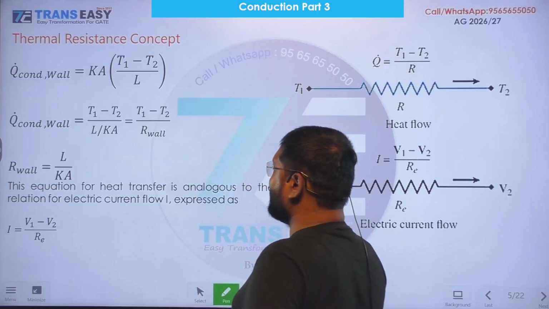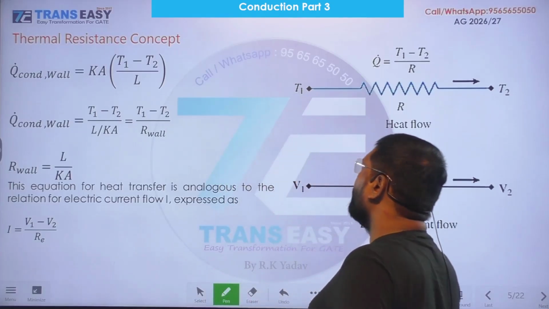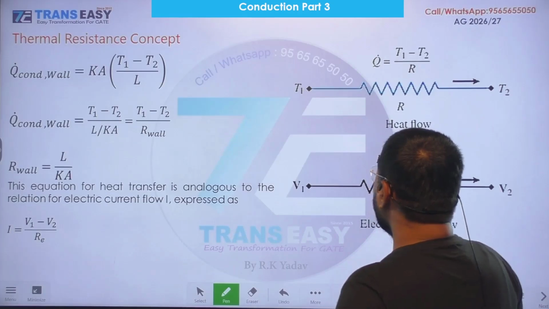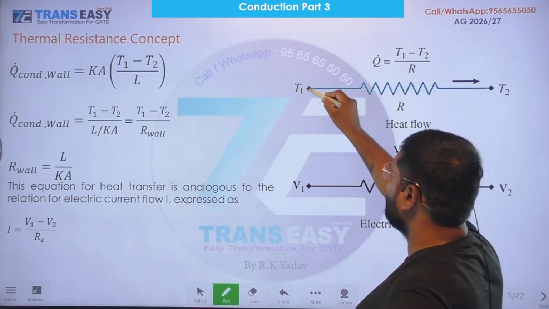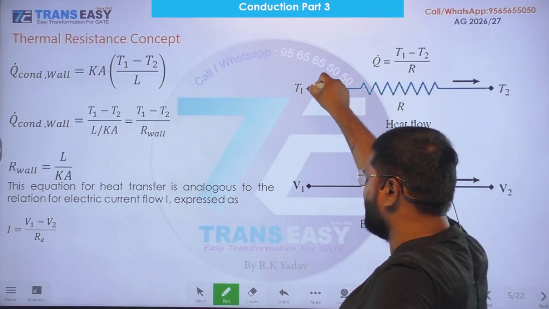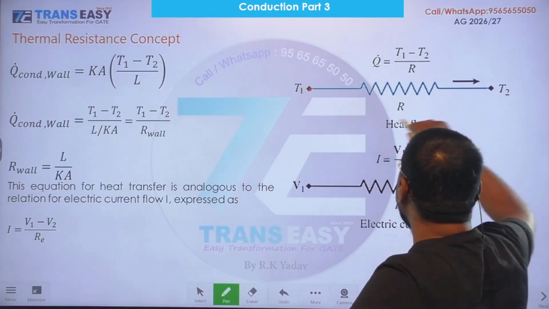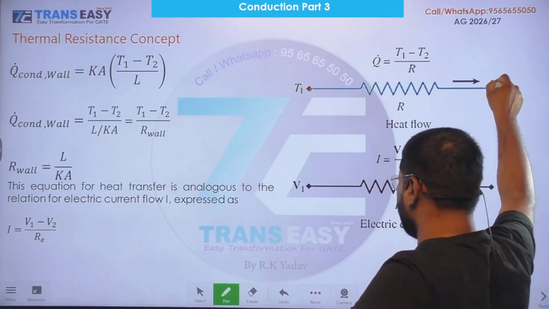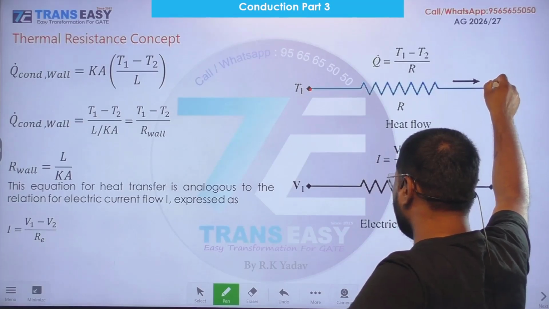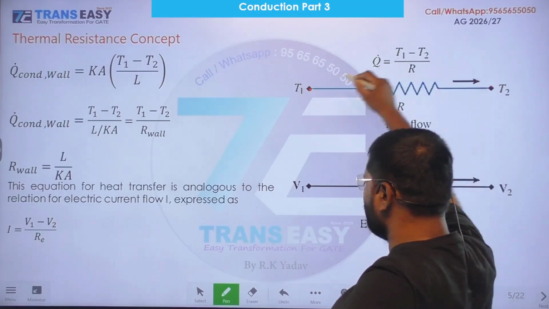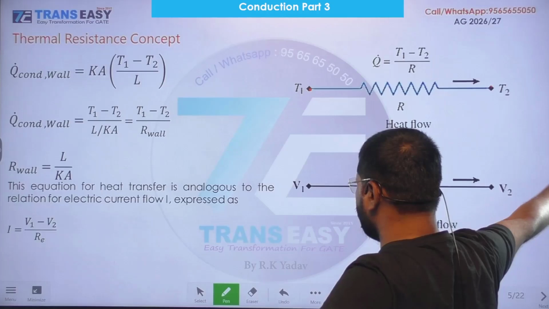Thermal resistance concept. Dear students, this point is representing left face of the plane wall and this point is representing right face of the plane wall. At the left face, temperature is T1 and at the right face, temperature is T2.